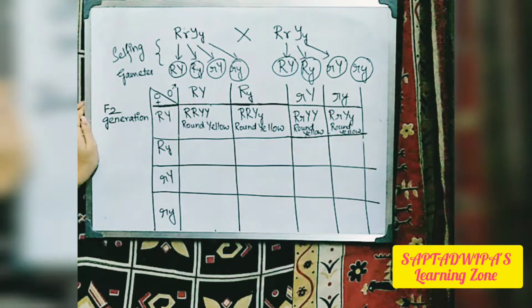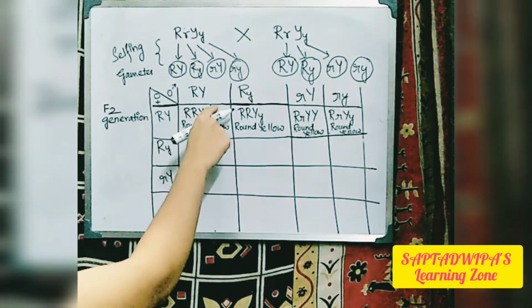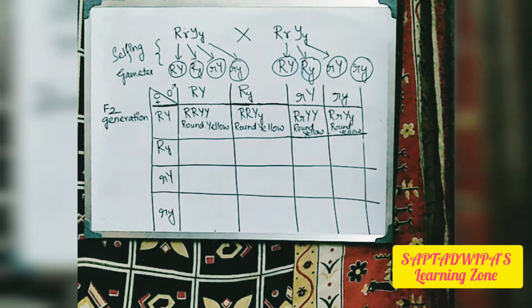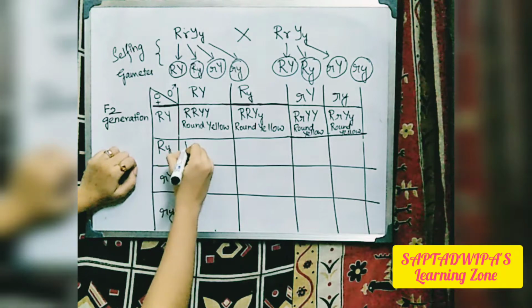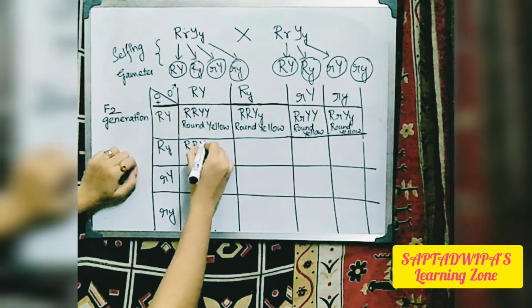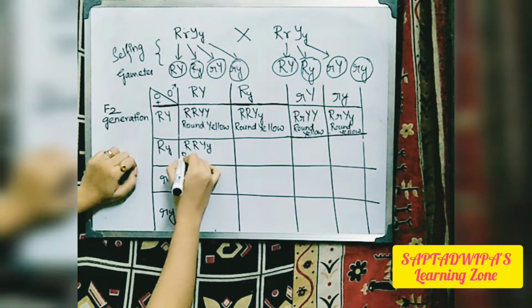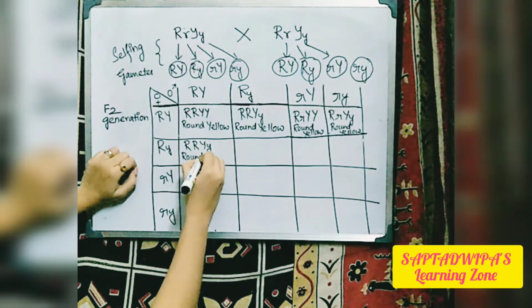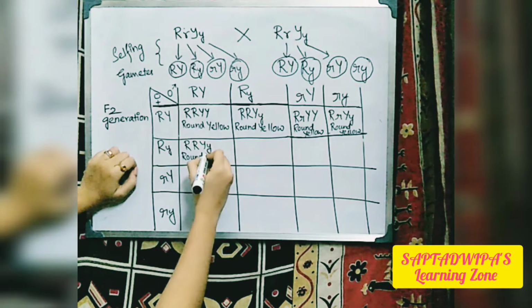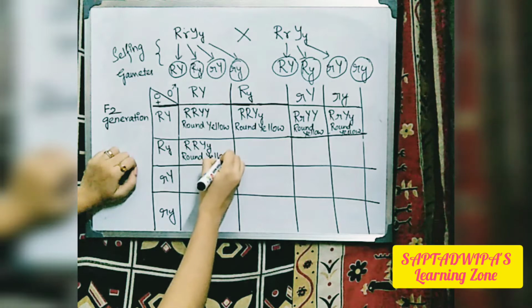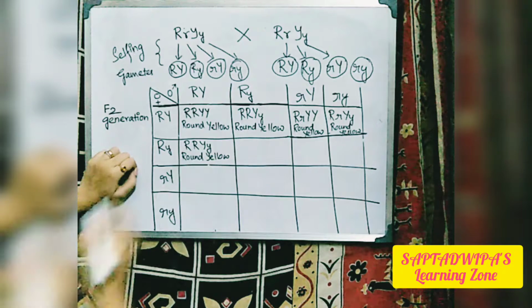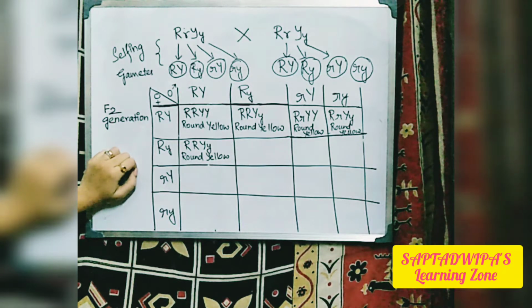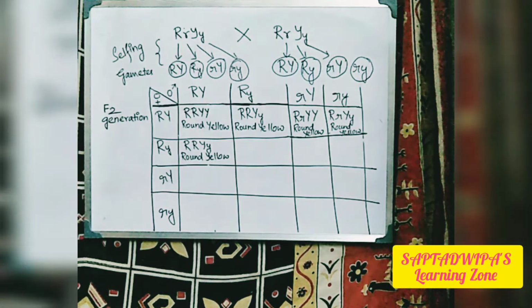Okay. Coming to the next. So when we are crossing these two, capital R, capital Y, small y. So the nature of the seed will be round yellow. Again, why? Because R is the dominant and Y is the dominant. Okay. So the dominant character mainly comes up or rules. So that's why the nature of the seed will be again round yellow.